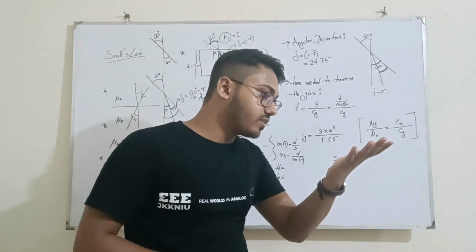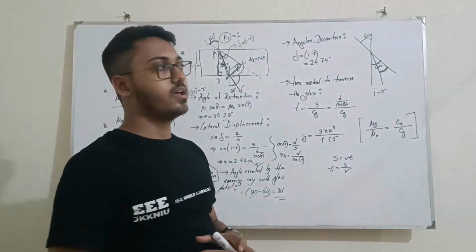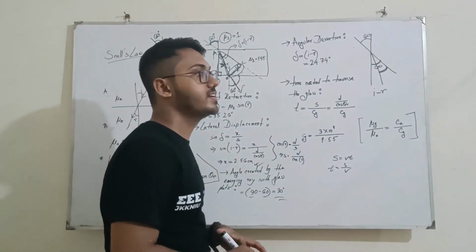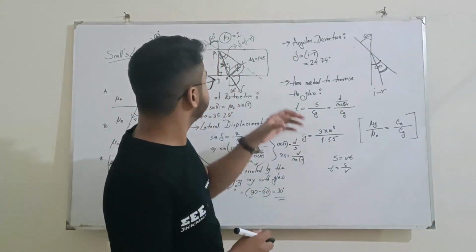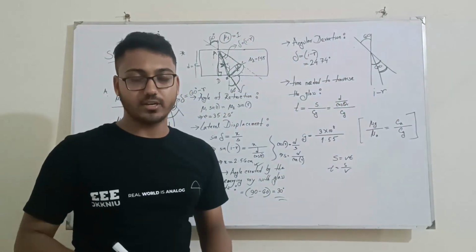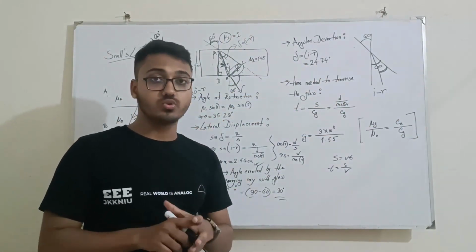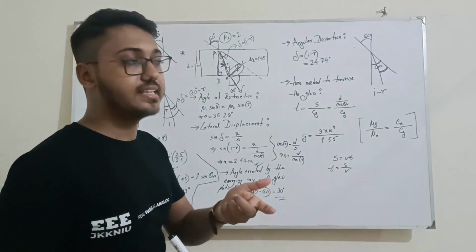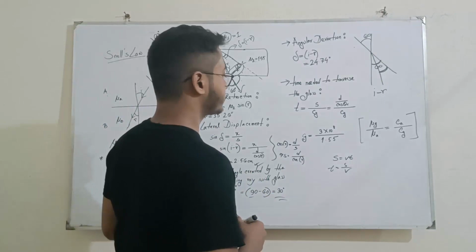The velocity of light is not the same in every medium. For example, in air or vacuum, the velocity of light is 3 into 10 to the power 8. But in the glass medium, it will not be 3 into 10 to the power 8. It will be way lesser due to the glass having higher density than vacuum or air.